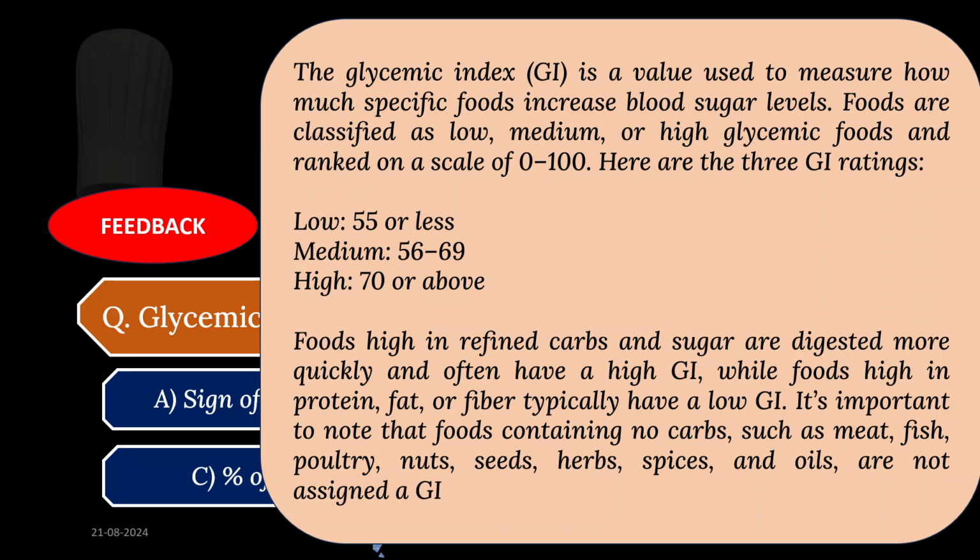It is important to note that foods containing no carb, such as meat, fish, poultry, nuts, seeds, herbs, spices, and oils are not assigned a GI. Hope this information is useful for you to know about GI. Let's proceed to the next question.